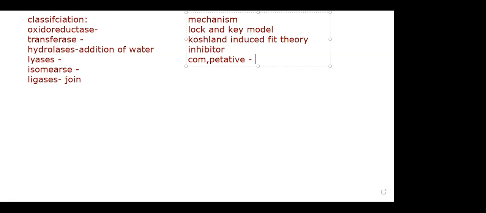Cyanide kills an animal by inhibiting cytochrome oxidase, a mitochondrial enzyme responsible for cellular respiration. Like this, we have different varieties of inhibitors which inhibit the process.